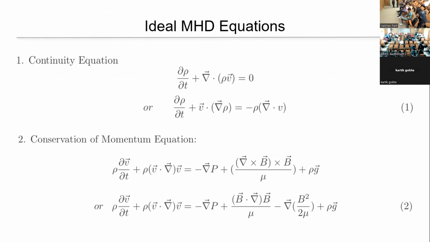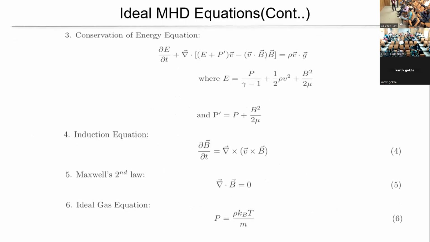Yeah, so the following are the ideal MHD equations that govern our simulations, because we have assumed ideal conditions. Starting with the first one, the continuity equation. This is based on the law of conservation of mass. As you can see, the first equation is in the conservative form.